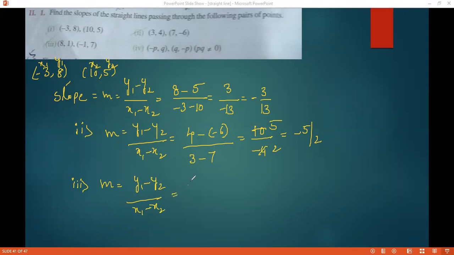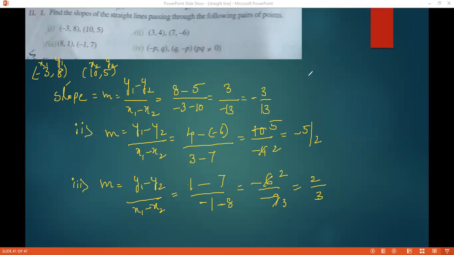That is (1 - 7)/(8 - (-1)), which is -6 by 9. Simplifying, 3 times 2 and 3 times 3, so it becomes -2/3.